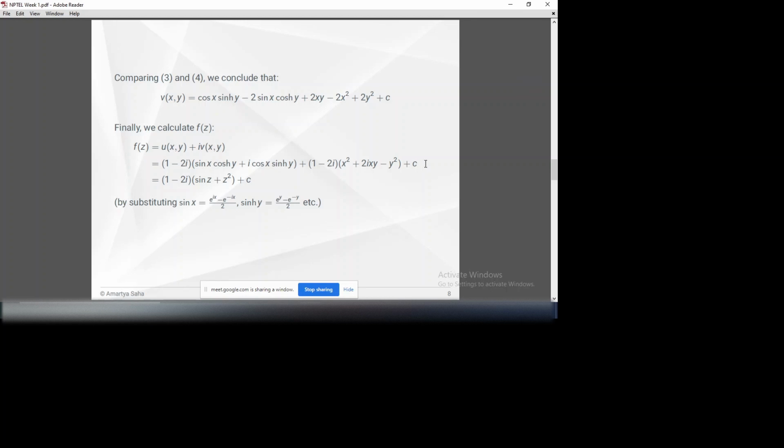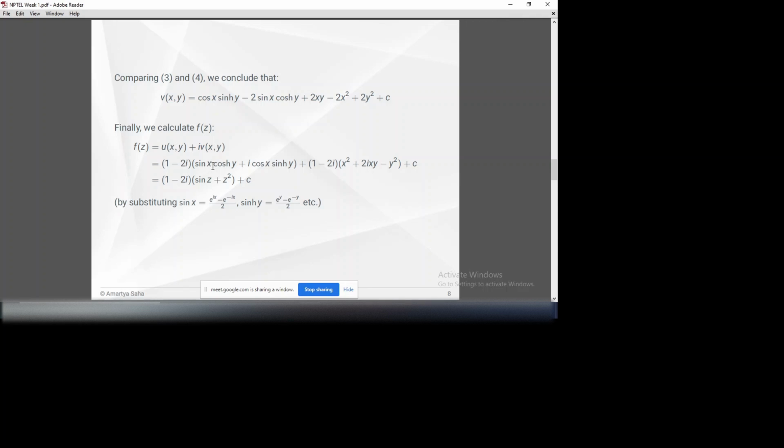And then we know that sin x has the definition like, oh sorry, there is a typo. So sin x is e to the power ix minus e to the power minus ix divided by 2i. So the i is missing here, sorry for that. And sinh y is e to the power y minus e to the power minus y divided by 2.